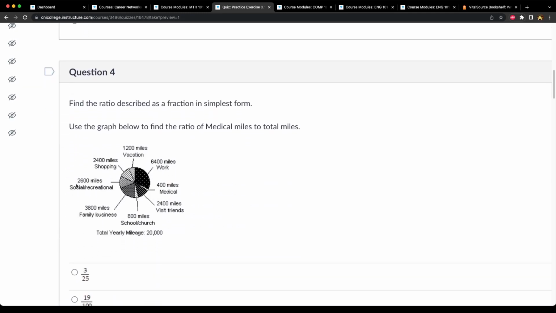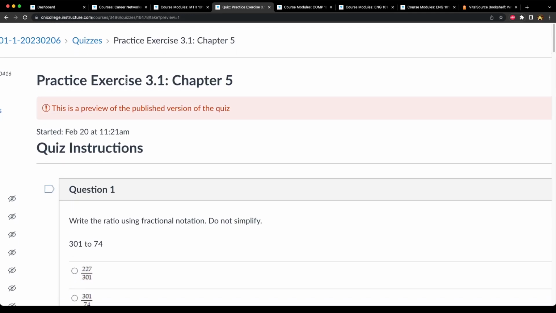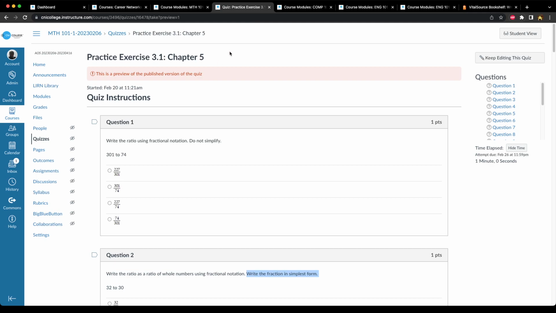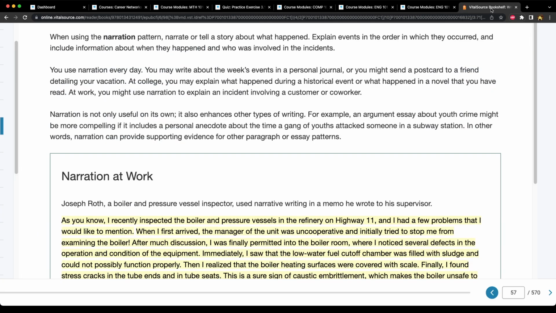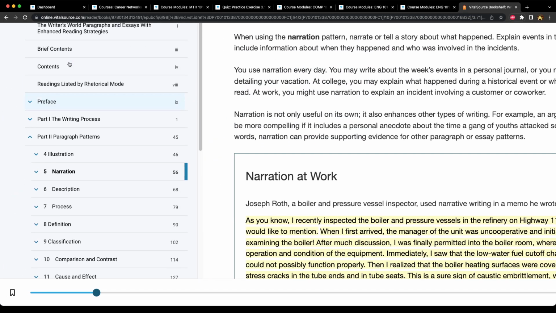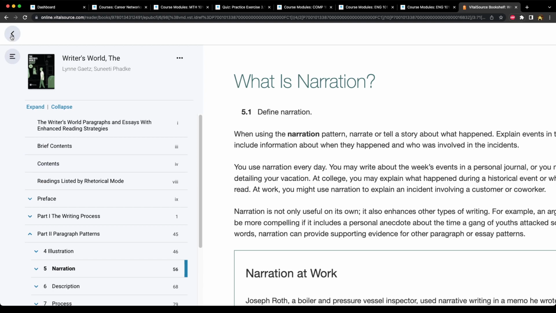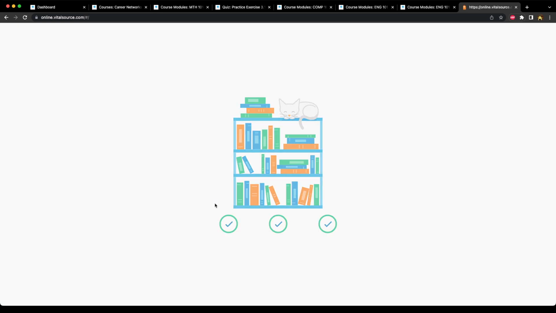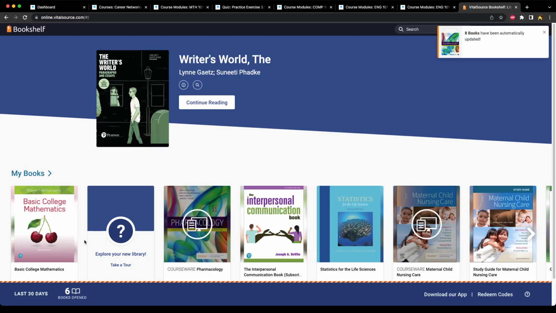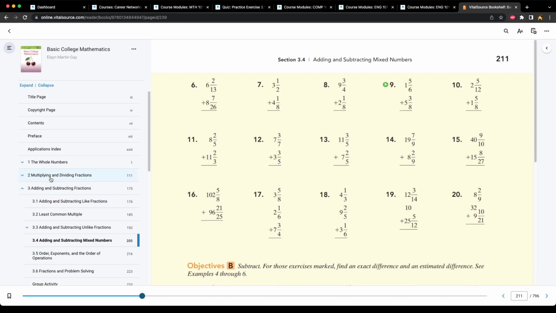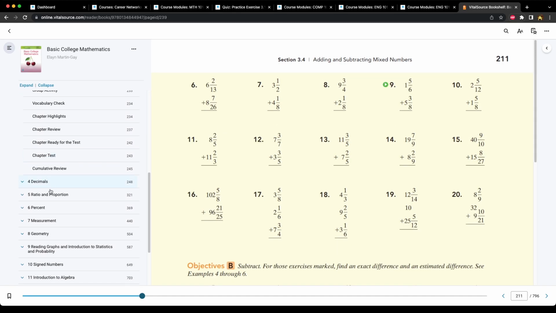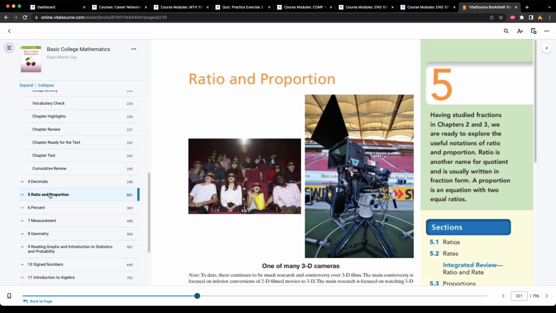Again, this is exercise 3.1, but chapter 5. What I always recommend for your math class is to have your textbook open. Your math book has so much information that can help you with these assignments that I wouldn't know why you wouldn't be using it.